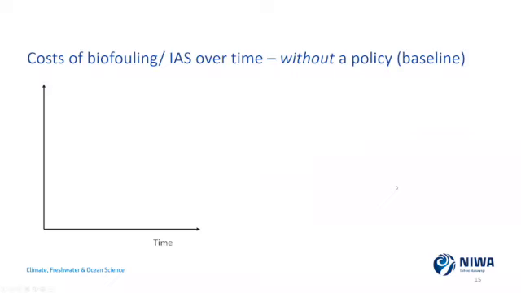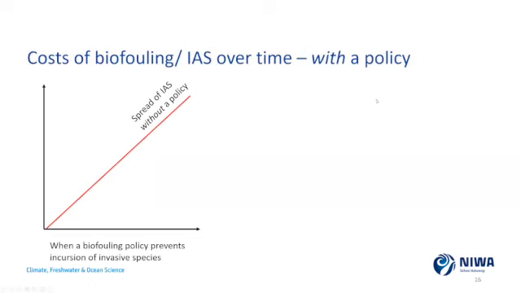So if we think about the costs of biofouling and invasive aquatic species over time, every year that we're not tackling this problem, the costs are occurring. Okay, so what we end up with is this costs occurring over time. And what we would hope is that if we introduce a strategy or policy, those costs would actually be lower.